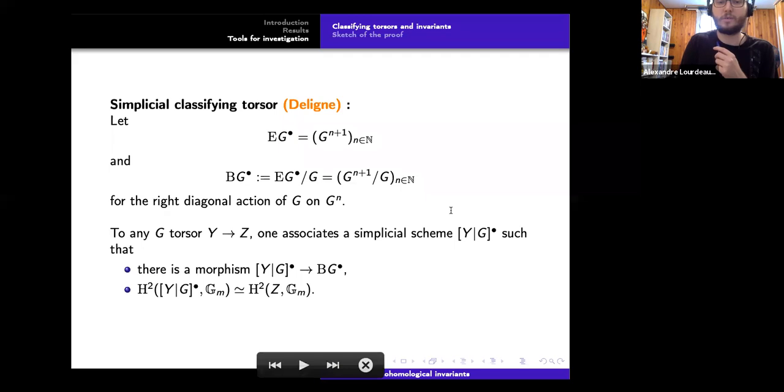Even for the Brauer group of a field, when we want to define it as the Galois cohomology group of the roots of unity, there is a problem with the P torsion.